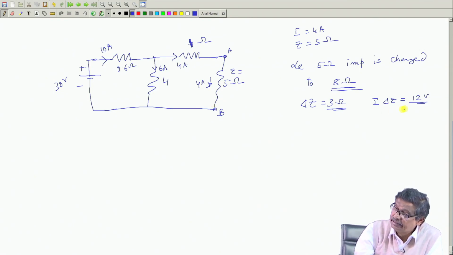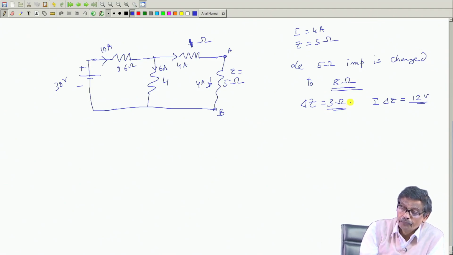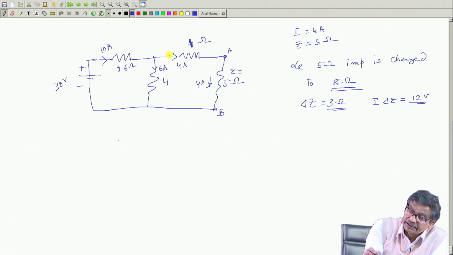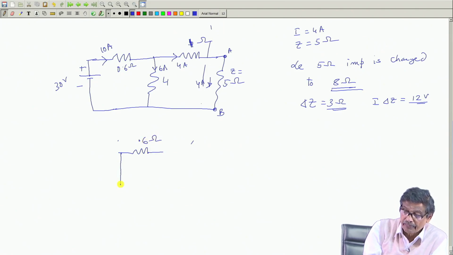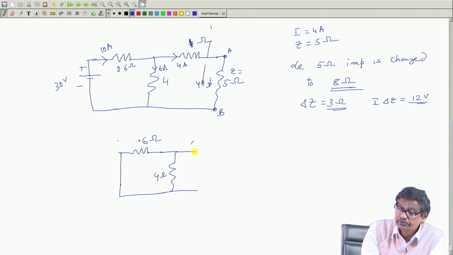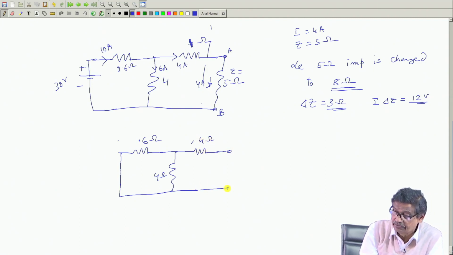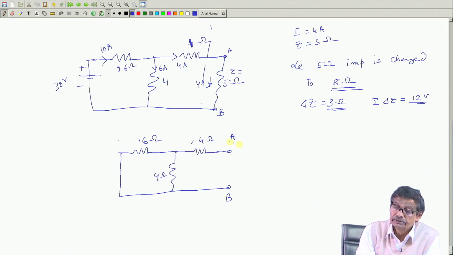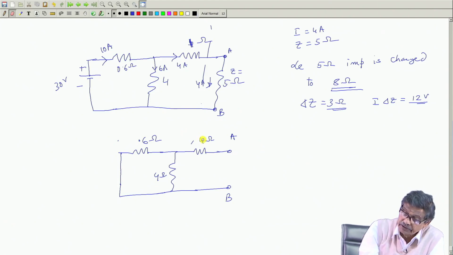Then I am telling, with this impedance changed to 8 ohm, delta Z 3 ohm, you redraw the circuit with the sources present in the network, this source replaced by short circuit. 0.6 ohm, let this be 4 ohm, we have not done anything with them, and this will be 4 ohm, no change here. This was my A, this was my B, and this was 1 ohm.